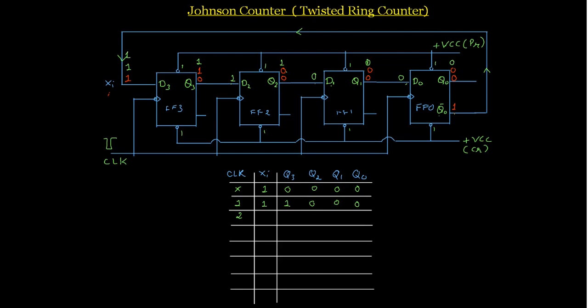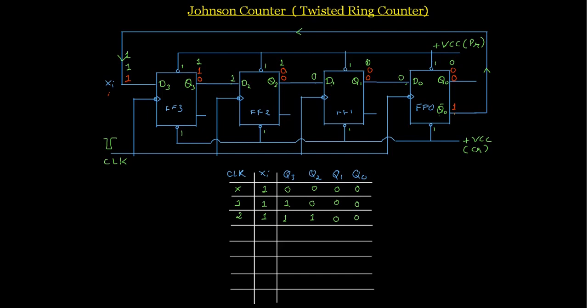So at the end of the second clock pulse, we see the Xi is 1, the Q3 is 1, Q2 is 1, Q0 is 0 and the Q1 is also 0.